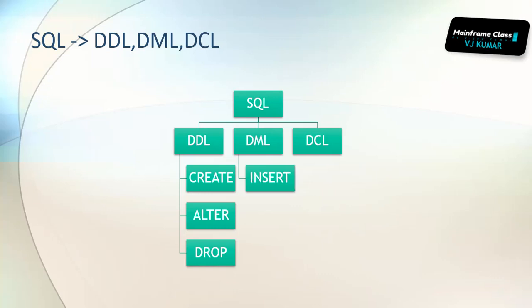Now, data manipulation. Earlier using DDL, you created the table, altered the table, and dropped the table or dropped the fields, right? Now since you have the tables readily available, you need to write some data to that particular table. You will not keep it empty, so you need to insert data.